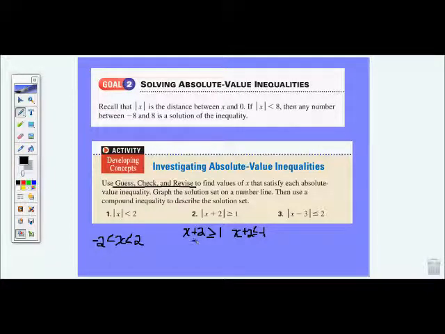So again, I'm going to just go ahead and solve, and I would have that x needs to be greater than or equal to a negative 1. And then in this one here, I can say that x is less than or equal to a negative 3.